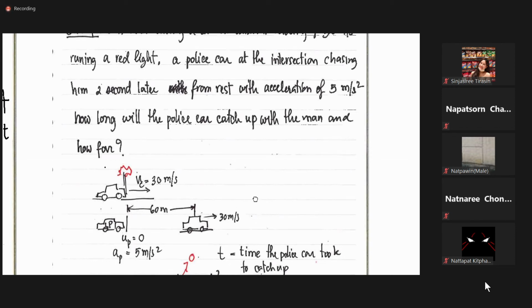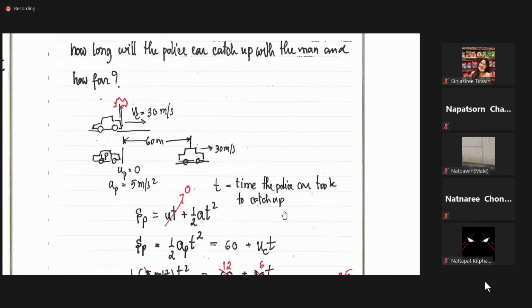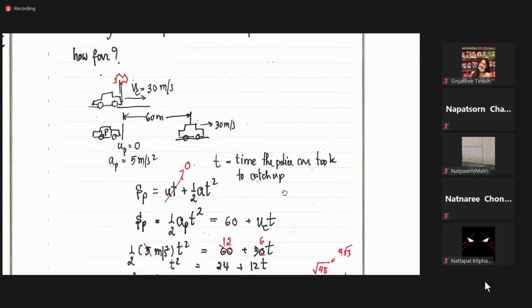If we work this out, let t be the time from starting until the police car catches up. So SP is the displacement of the police car. It will be ut plus 1/2 a t squared because he is moving at constant acceleration. And because the police car starts from rest, u equals 0. So SP is 1/2 aP times t squared.